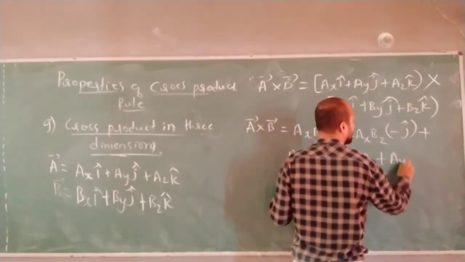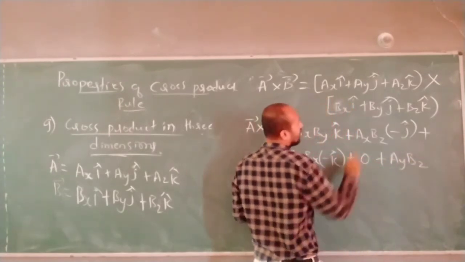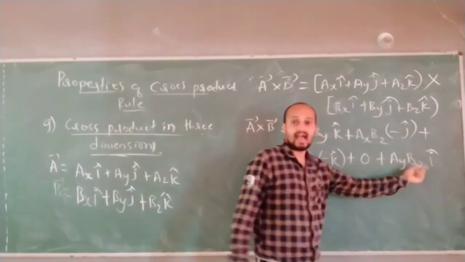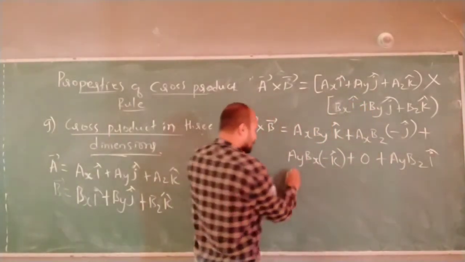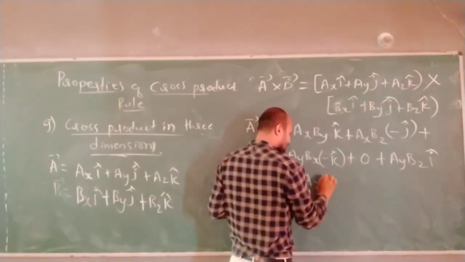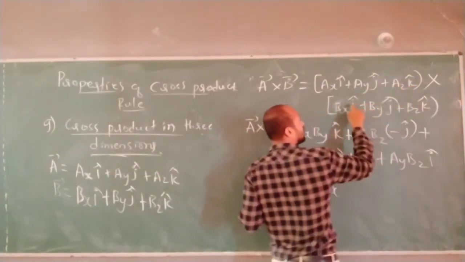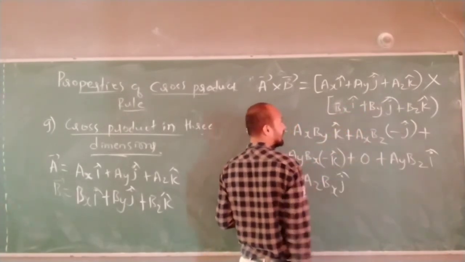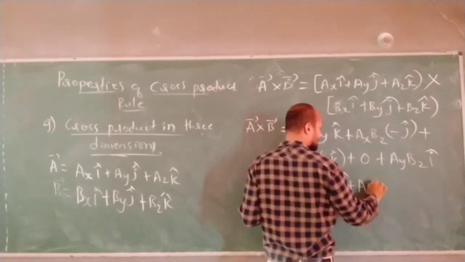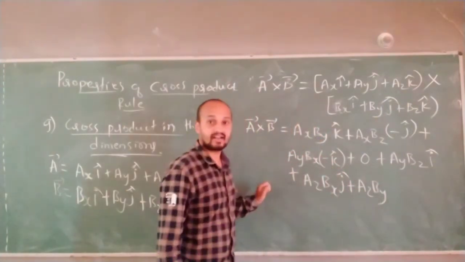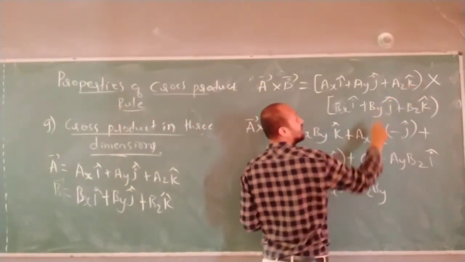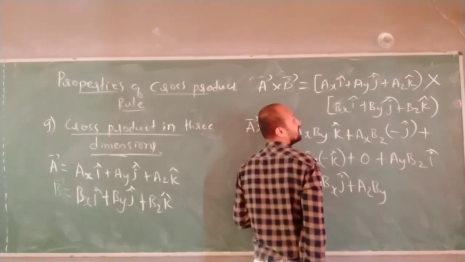Ay into Bz will become j cross k, which will become i cap. Plus then Az into Bx, k cap cross i cap will become j cap. Then Az into By, k cross j cap will become what?